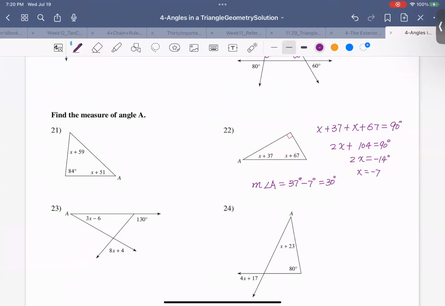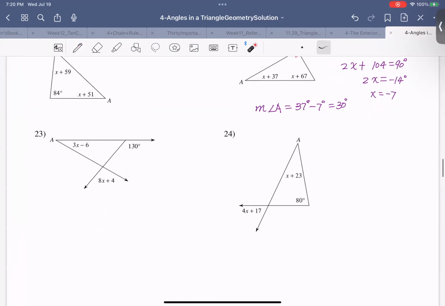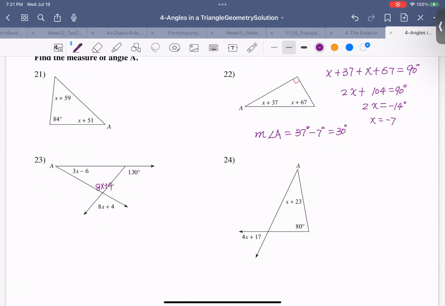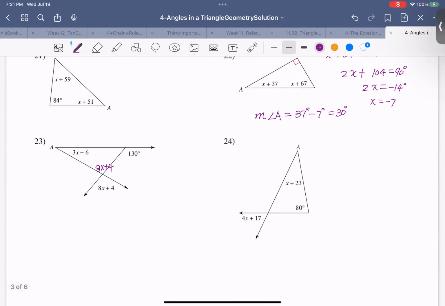Next one, Timothy. Look at this. This guy can push there. Then what do you do? So 3x minus 6. This guy is the same here. So it's 3x minus 6 plus ax plus 4 equals 180 minus 130, 130.